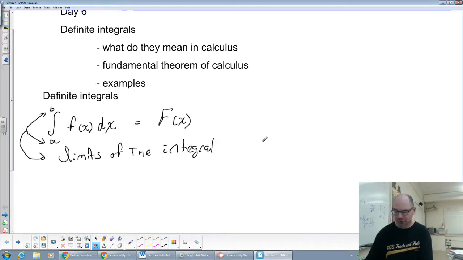Okay, so if you're looking at it graphically, we'll put up a little diagram beside it. I guess I should put the limits in the F of x as well here. Traditionally, we use a square bracket in calculus to represent our limits. Some people don't use a square bracket, they just use a line. And then you'll put your limits on there, and in this case our upper limit is b and our lower limit is a.